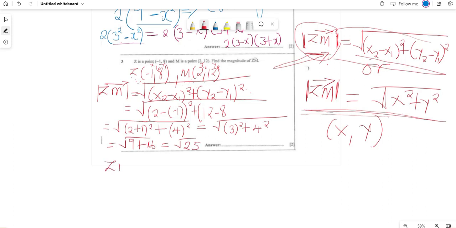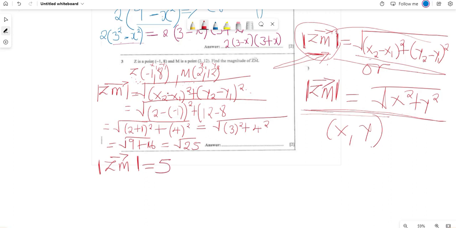So the magnitude of vector Zm is equal to the square root of 25. Remember, this is purely paper 1, no calculator is allowed. We know that 25 is a perfect square, so there's no need of even using a calculator. The square root of 25 is 5.